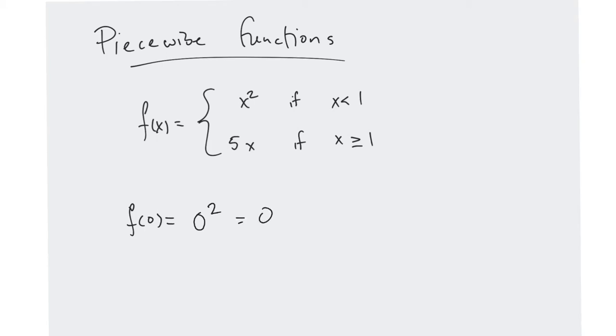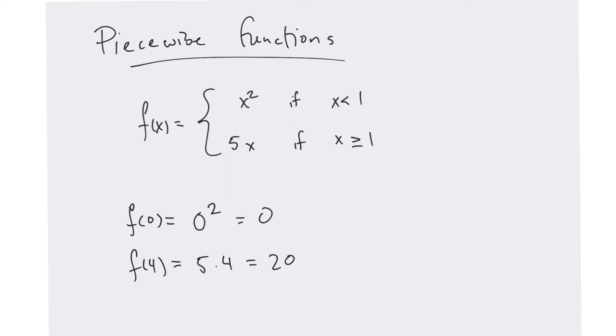If I did something like f of 4, again you look over here to see which piece I'm going to use. For f of 4, the x is 4, 4 is bigger than or equal to 1, so I use the second piece, and I plug 4 in right here. So this becomes 5 times 4, which is 20, right? And so on.